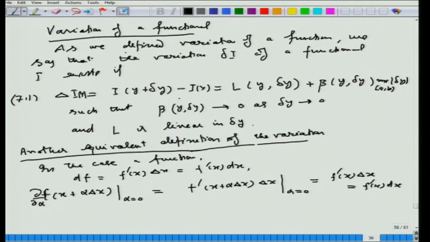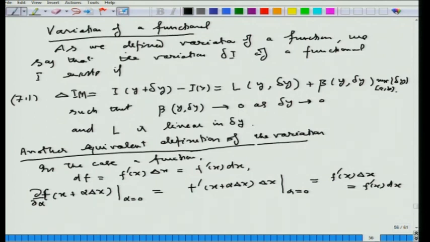So, we say that the variation of the functional exists if and only if 7.1 holds, which means that the difference is equal to this linear part in the increment, that is L y comma delta y, plus beta y comma delta y times the maximum of the absolute value of delta y.